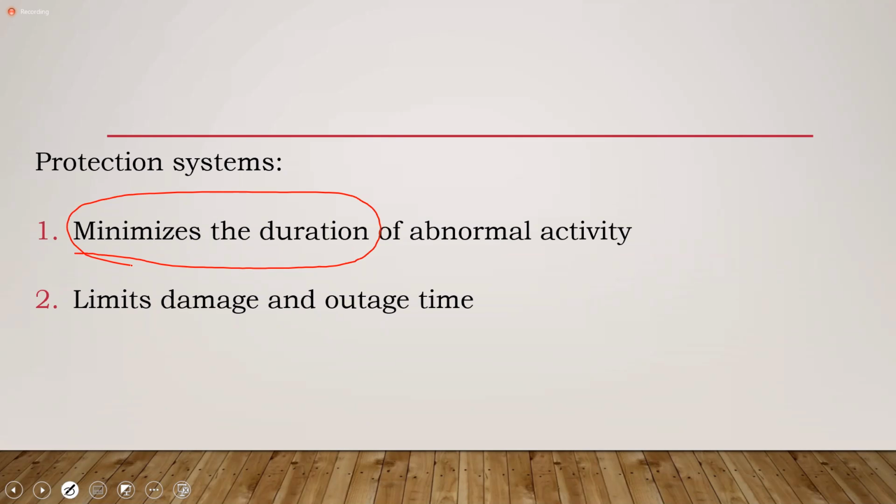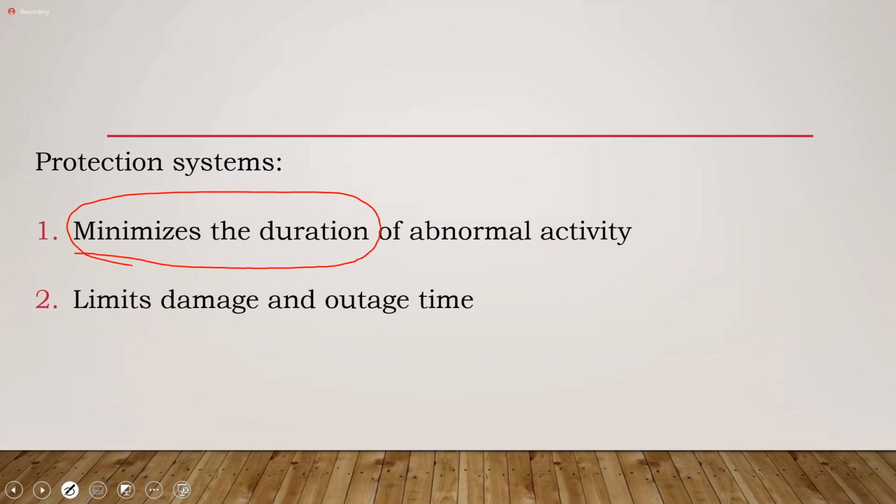But it happens quickly, and it limits damage and outage time. So whatever protection is used, it must operate quickly. It must limit any possibility of damage. And the persons or the area that is isolated, you want to get back into operation as quickly as possible.